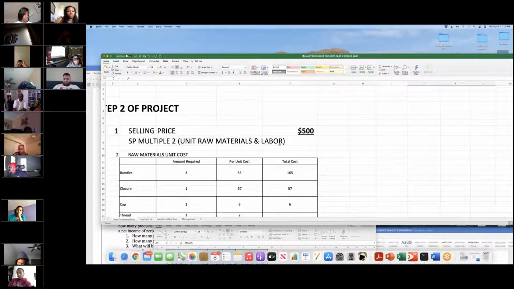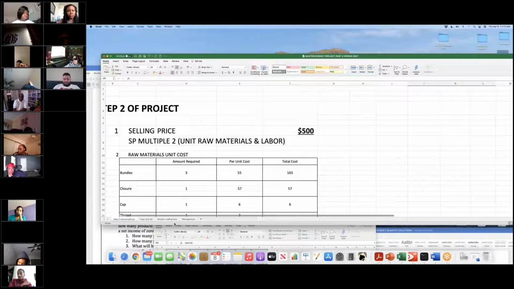Now, to date, I've always given you the quantities, but because I'm no longer giving you the quantities and fixed costs take on a different role, the selling price multiple is going to be a percentage of raw materials and labor. And what we're doing now is working on projects in the course.